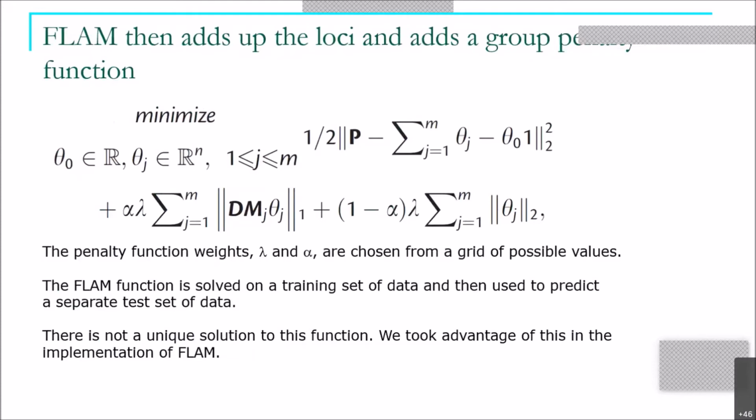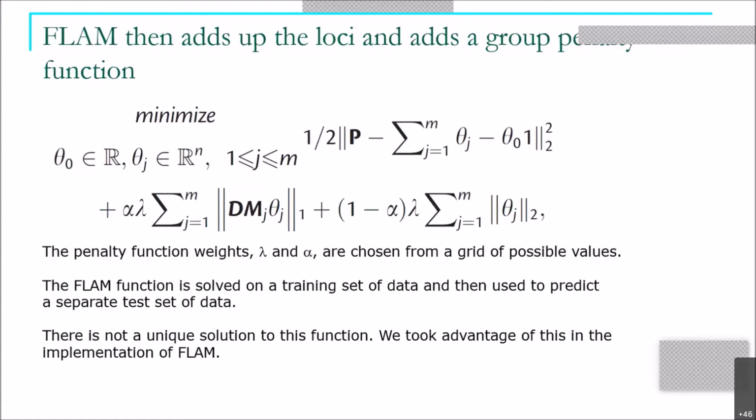It's basically the minimization of the residual sum of squares of the model relative to the phenotypes. If you go down one line, this is the multi-locus version with the first term. On the second line is the multi-locus version of the penalty function.